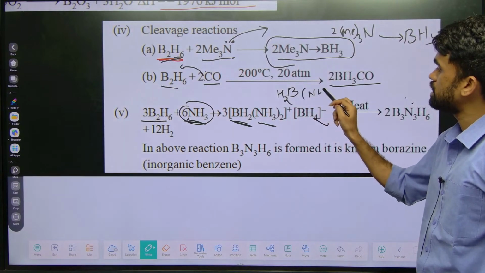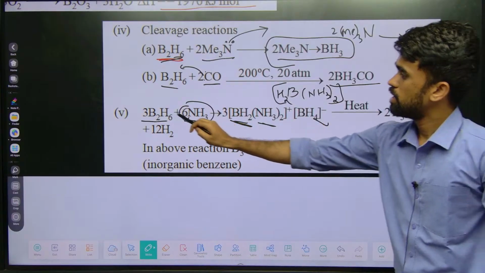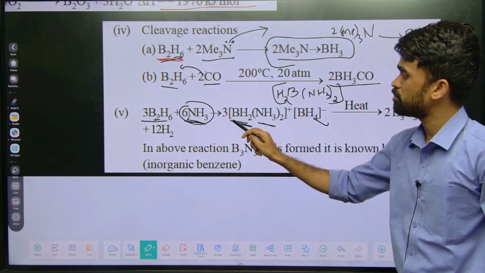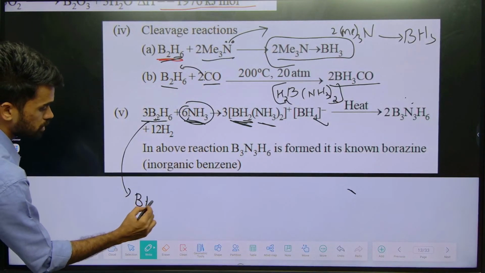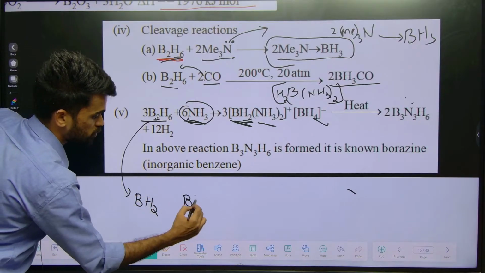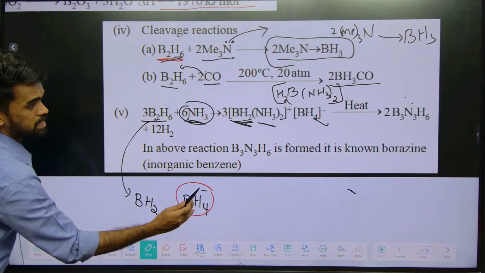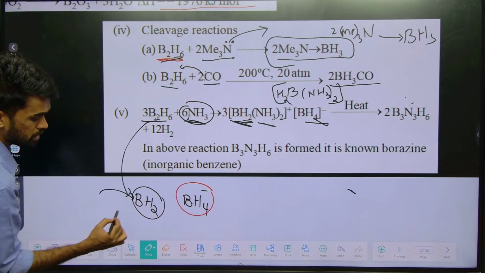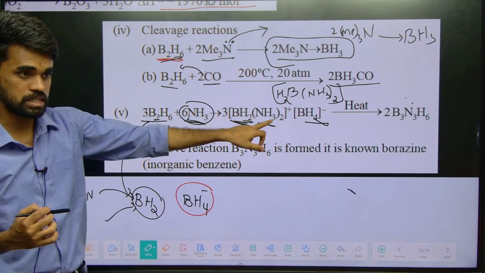Out of these, how many borons are there? 2. One forms the BH2 unit and another is BH4 minus. So BH4 minus exists independently, and two NH3s come inside.